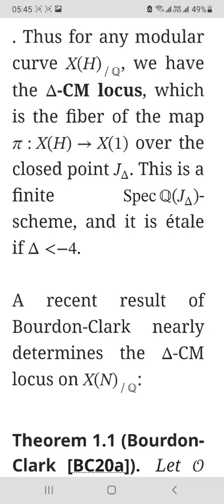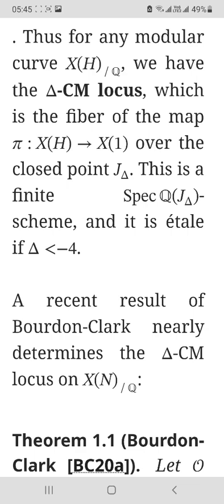So the delta CM locus can be viewed as a pullback from X(1). So we have the delta CM locus, which is the fiber of the map pi from X(H) to X(1) over the closed point J delta. So each J delta corresponds to a delta CM locus.